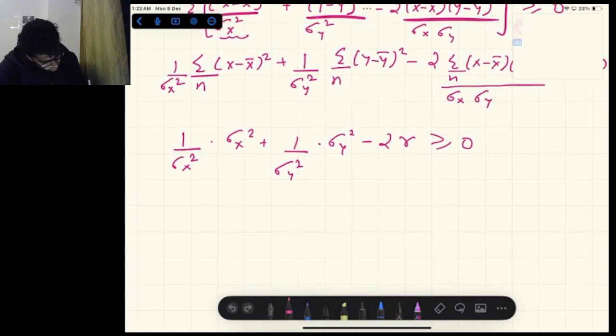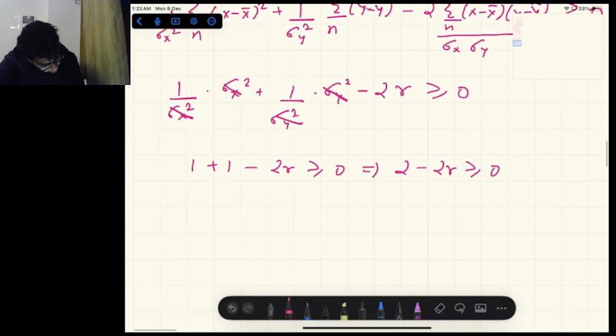So now this and this get cancelled, this and this get cancelled. I have 1 plus 1 minus 2r greater than or equal to 0, which implies 2 minus 2r greater than or equal to 0, which implies 1 minus r greater than or equal to 0, which implies r is less than or equal to 1.